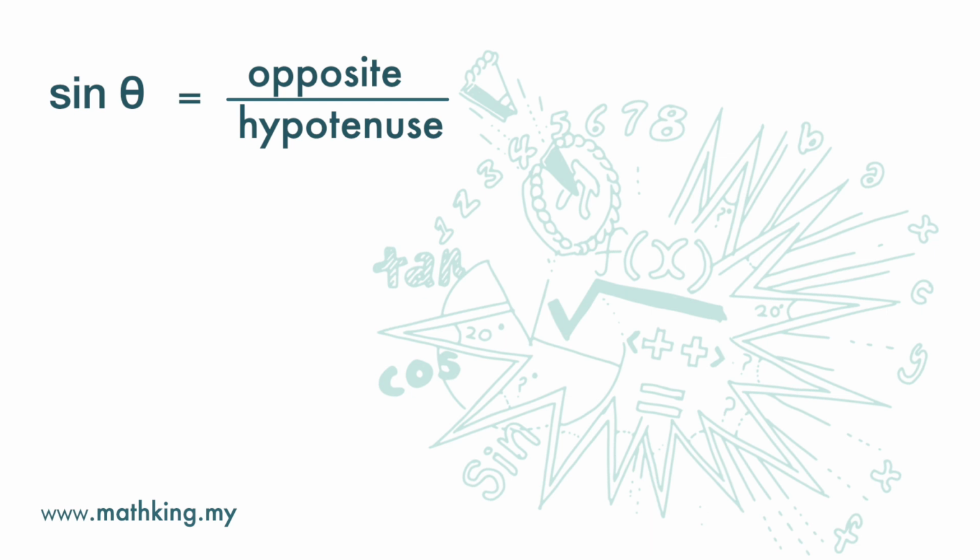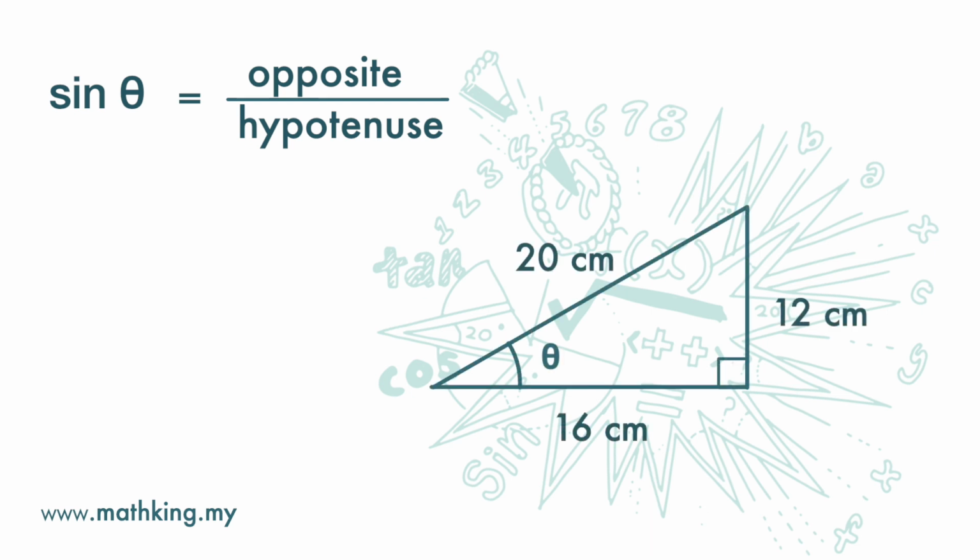Here is a triangle with angle theta, and we want to find sine theta. Sine theta is the opposite of theta over the hypotenuse. So to find sine theta, we need to find the length of the opposite side and the length of the hypotenuse.